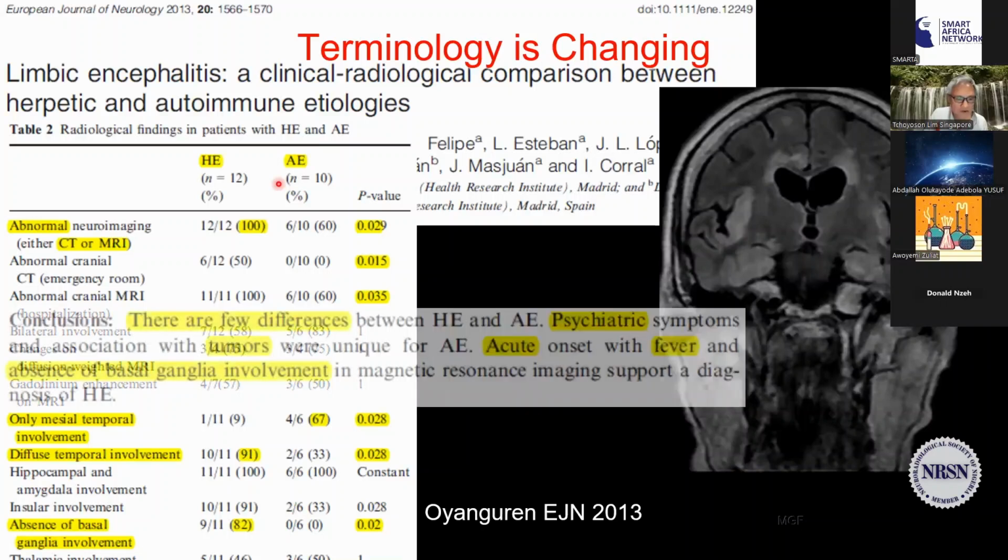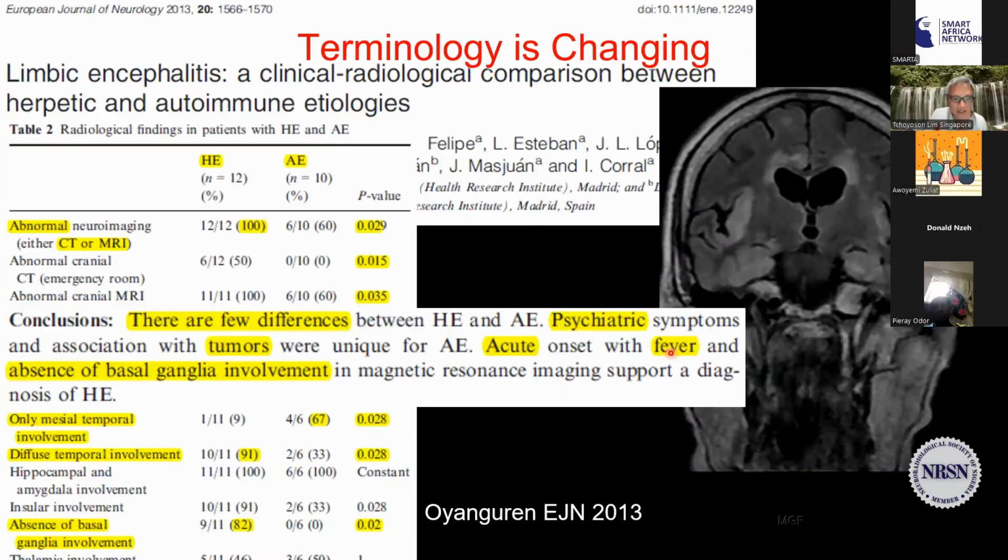There are very few differences, except that the psychiatric symptoms and the presence of tumor is highly associated with autoimmune encephalitis, whereas fever, and remember what I said about absence of basal ganglia involvement, is typical for herpes simplex infection.